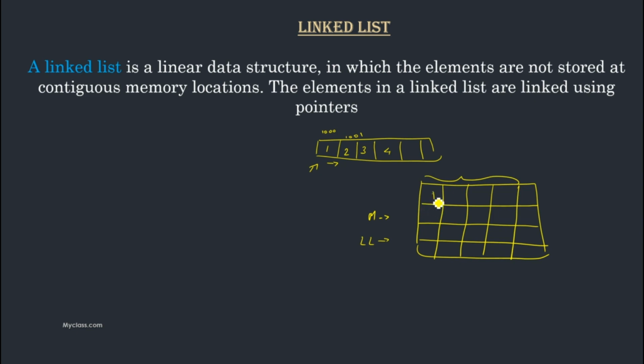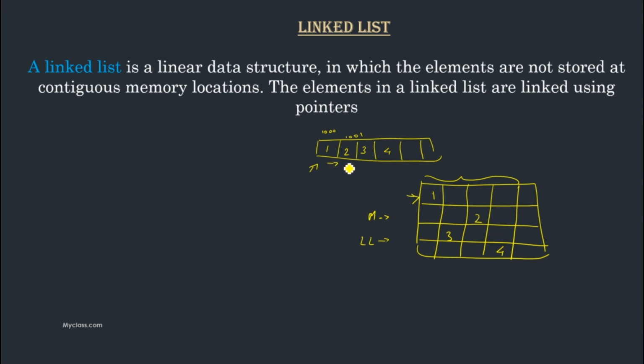Maybe the first element is here, the second is here, the third is here, and the fourth is here, not in contiguous memory locations. Because of that, this element should be aware of where the second element is.